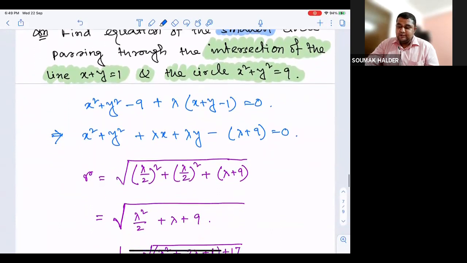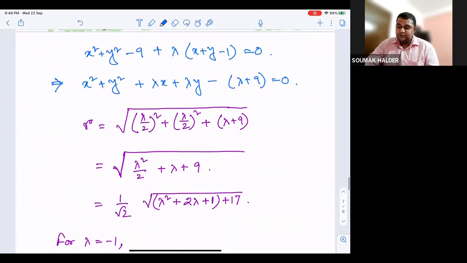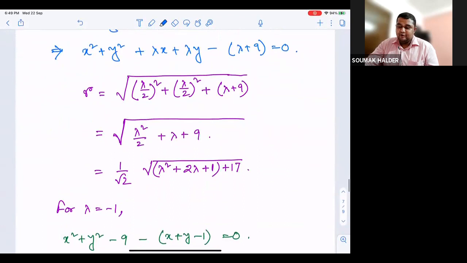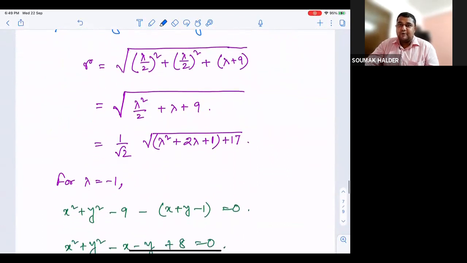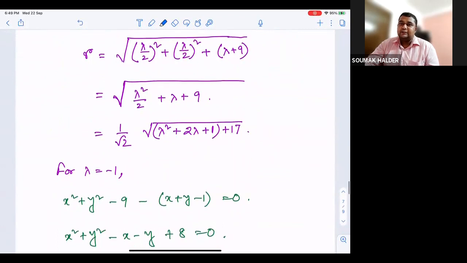If we minimize the representation, for lambda is equal to -1 we get the smallest member, that is x square plus y square minus x minus y plus 8 is equal to 0. This is also a similar example to the earlier one.